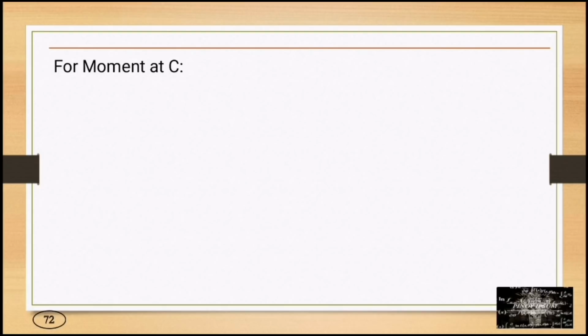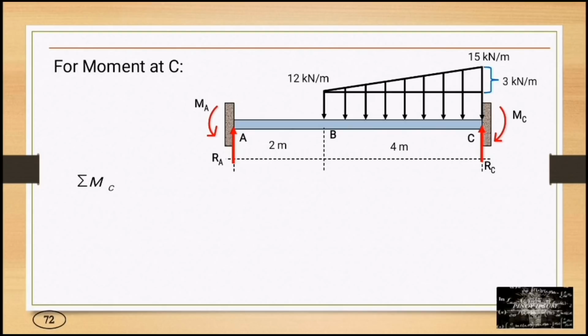For moment at point C, so using summation of moment at C is equal to 0, considering counterclockwise positive.